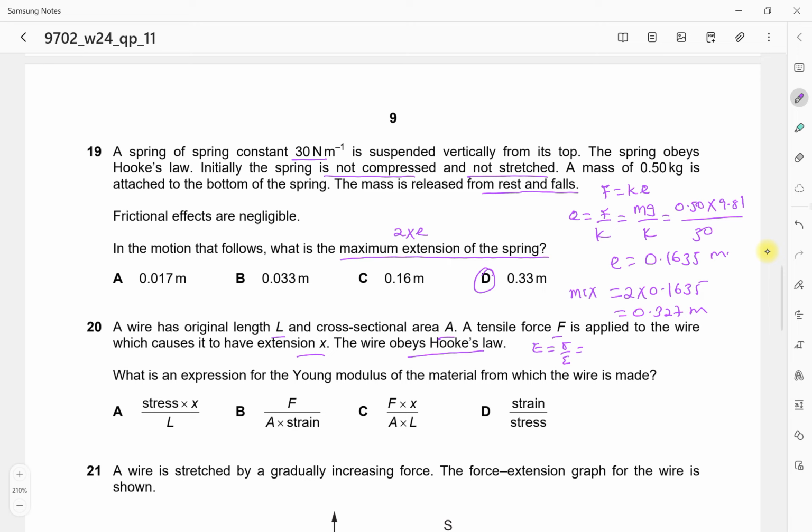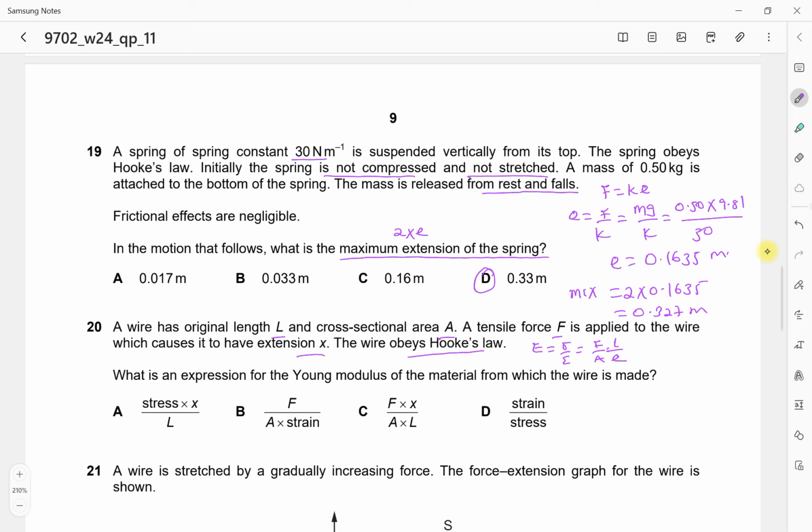So when you divide, Young modulus is going to be the force over the area times, when you get the reciprocal, the original length divided by the extension. I'll use E for extension.